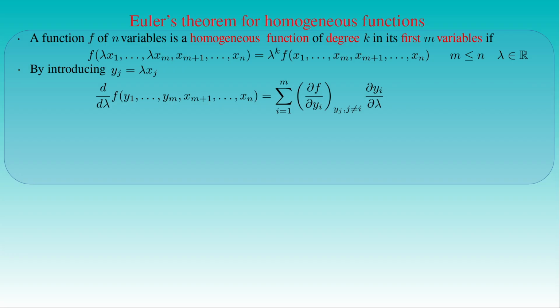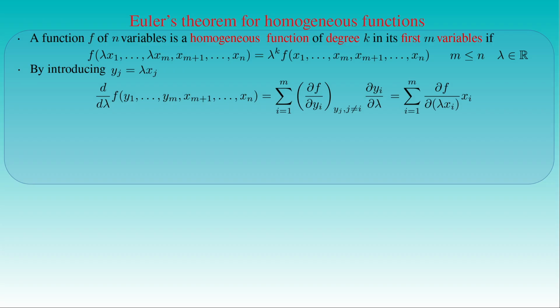Then we obtain the sum of the partial derivative of the function f with respect to yi at constant yj where j is not equal to i, times the partial derivative of yi with respect to lambda, from i equals 1 to m. If we substitute the definition of yi into the derivatives, then we take the partial derivatives of the function f with respect to lambda times xi, and the derivative of yi with respect to lambda can be written as xi.